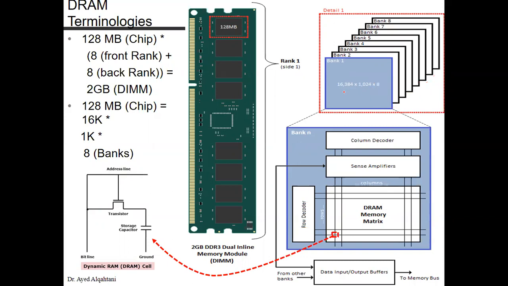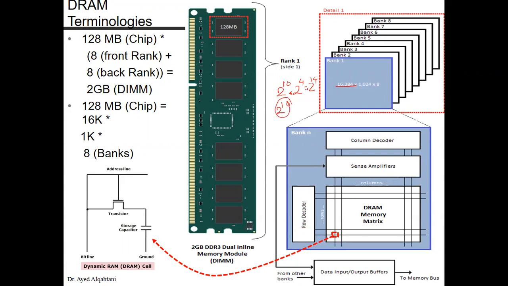Now, the 128 is organized, as you can see, 16,384, and that's 2 to the power of 10 for a kilo, times 2 to the power of 4, which is 2 to the power of 14. That's the 16,384. And the 1,024 is 2 to the power of 10.